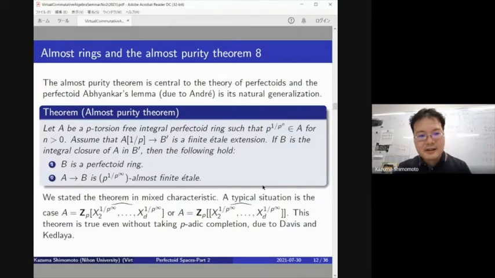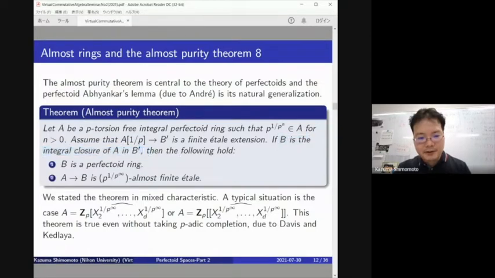So what's my assumption? Let's take a ring extension from A localized at P, so you invert P, where P is a prime number, to some finite étale extension, which is called B prime. Let's take B to be the integral closure of A in B prime.